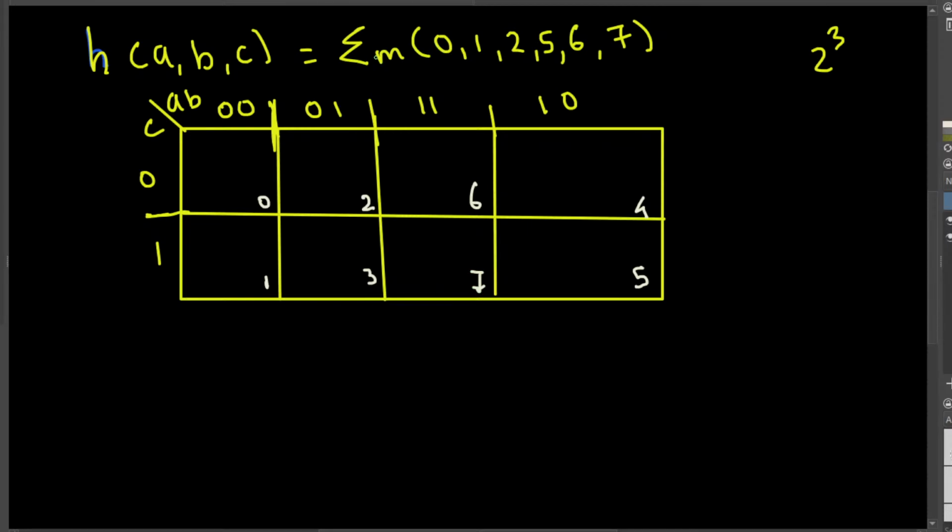In a min-term expression, if they have given these numbers, it means at that location it's 1. So here we have location 0, at that location we're going to have a 1 right here, and then 1 we are going to have a 1 right here, and then 2 we are going to have a 1, and then 5 we are going to have a 1, and then 6 we are going to have a 1, and then 7 we are going to have a 1 right here.